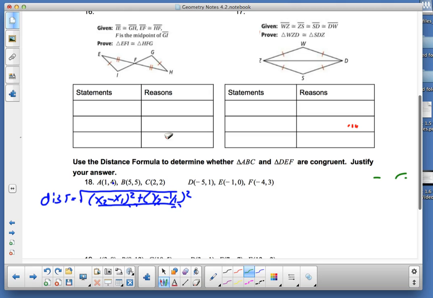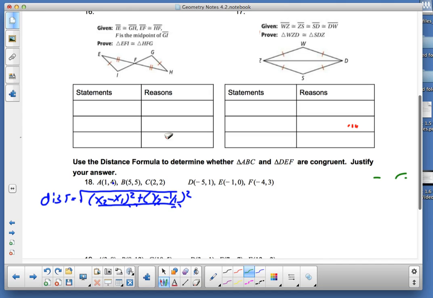In the first one, I'm looking at the picture, and this is our first time talking about F is the midpoint of segment GI, since chapters 1 and 2. Midpoint is a point that's halfway between the endpoints. So when I do that, I have two congruent parts of that segment.